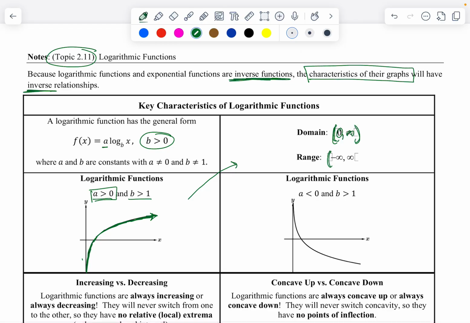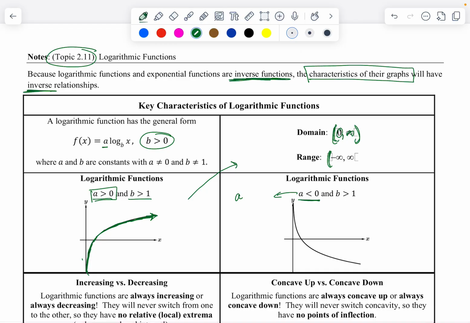And your range is going to be from negative infinity to infinity. That's also going to be the case, from 0 to infinity and from negative infinity to positive infinity, even if a is less than 0.